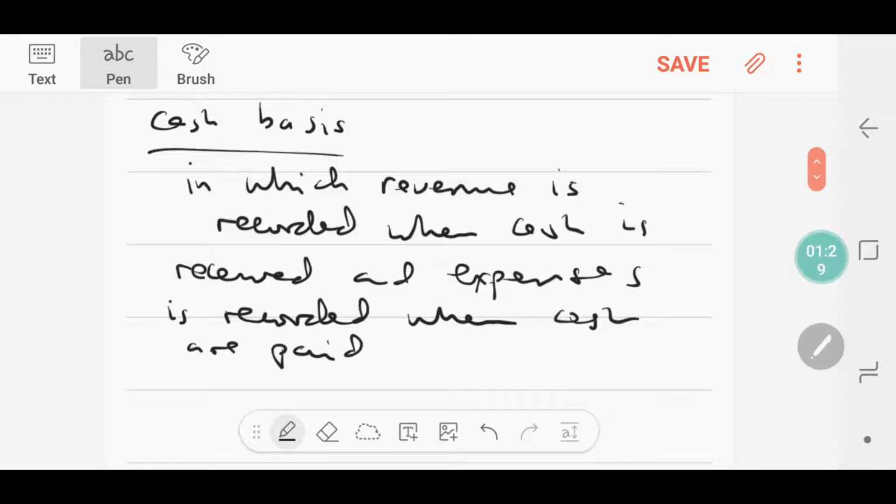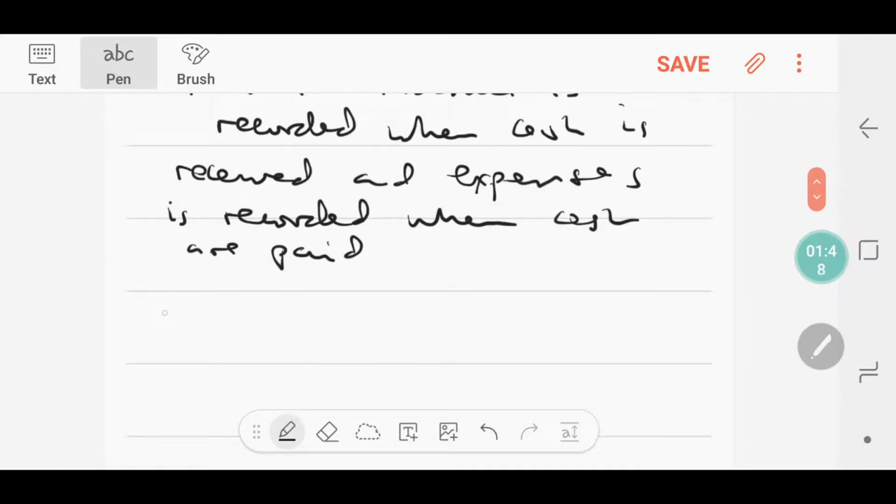So in cash basis, revenue is recorded when cash is received and expenses are recorded when cash is paid. So if cash is not received or paid, the transaction is not recorded.